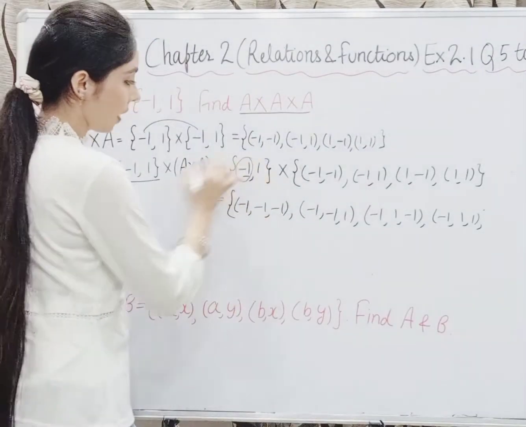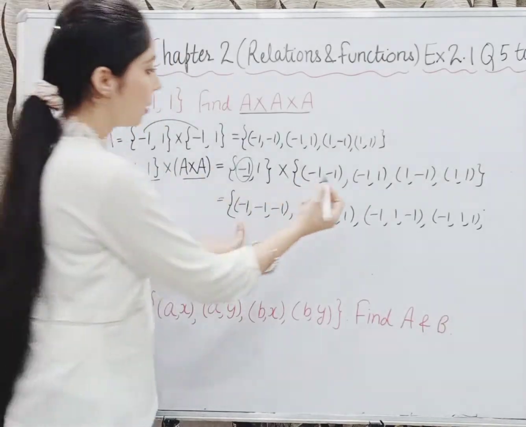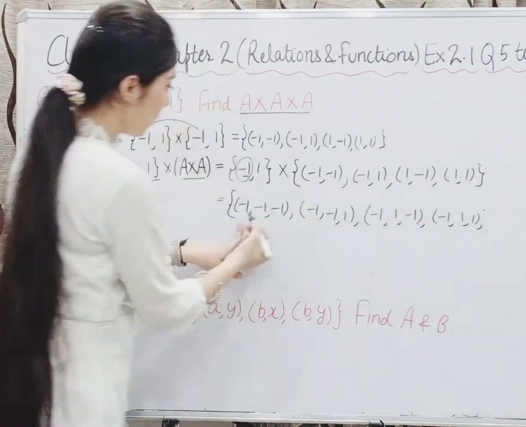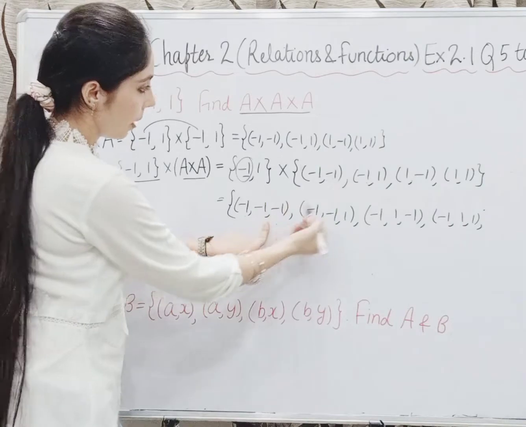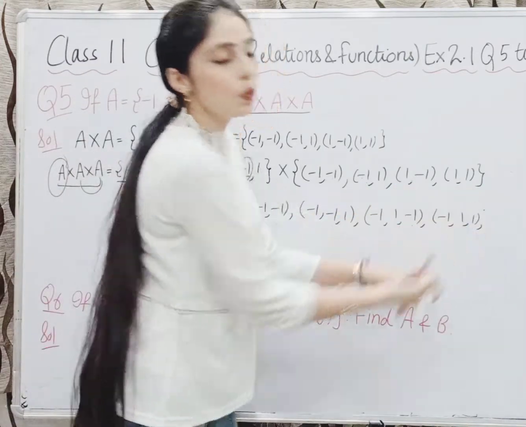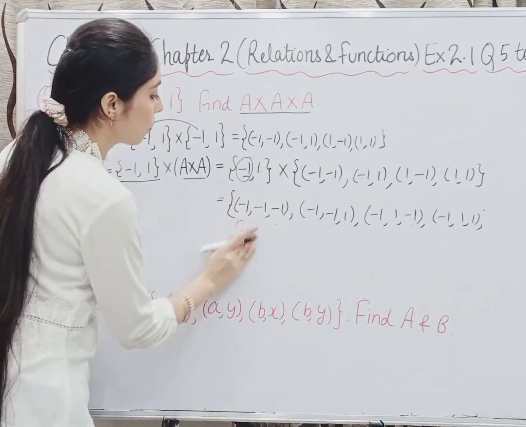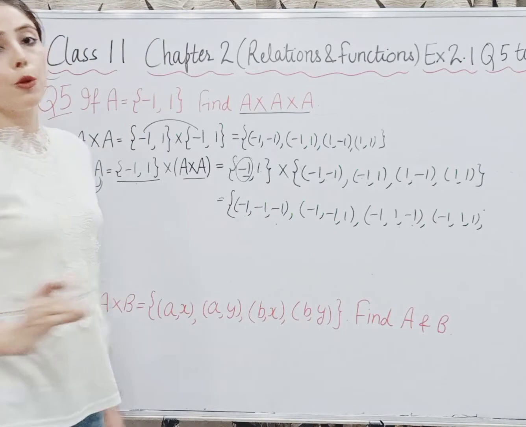First of all you will write the first component, and the second component will be all these elements. So (-1, -1, -1), after that (-1, -1, 1), (-1, 1, -1) and (-1, 1, 1) will be there. Now we will do the same with the second component of this set.